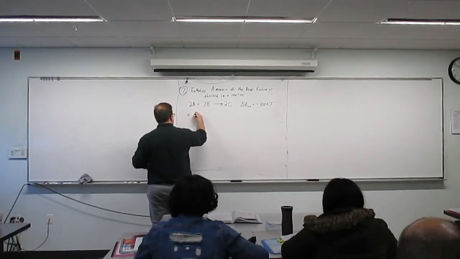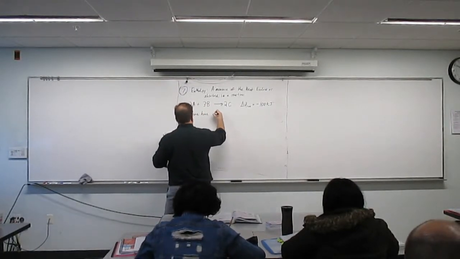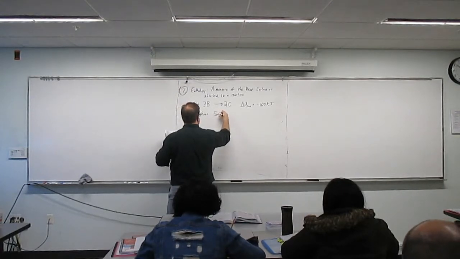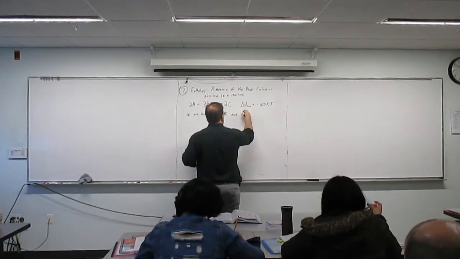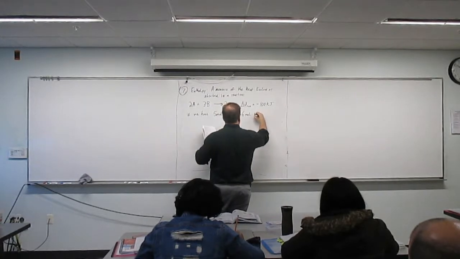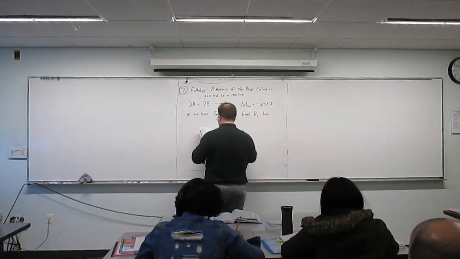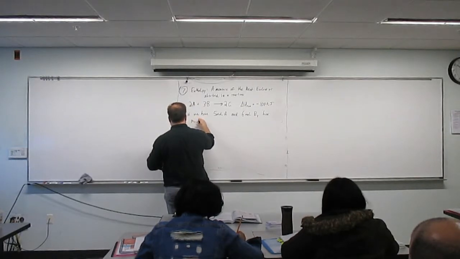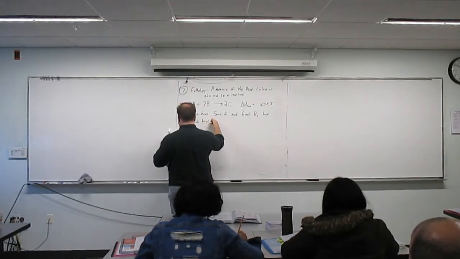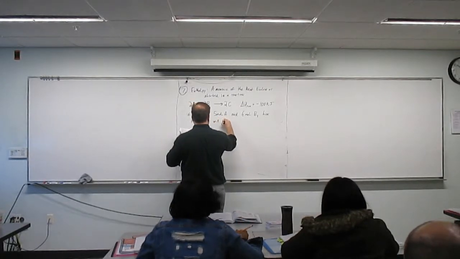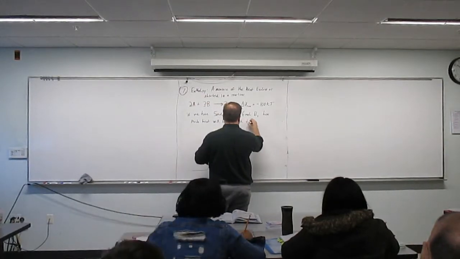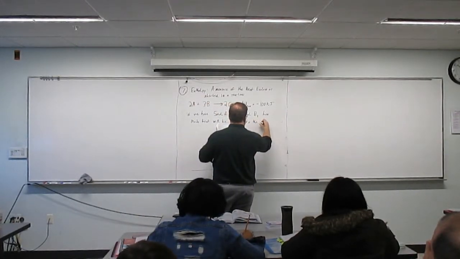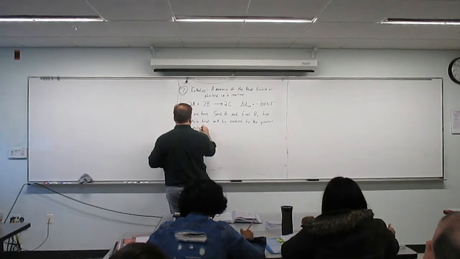So if we have 5 moles of A and 6 moles of B, how much heat will be evolved to the greatest extent possible?